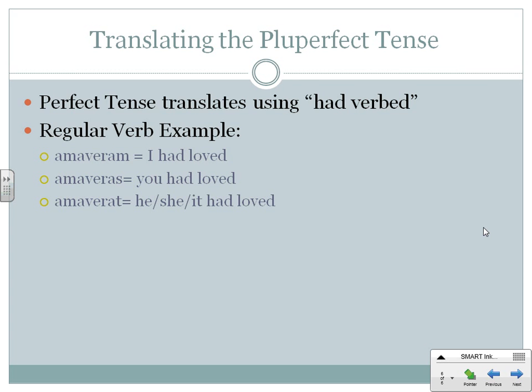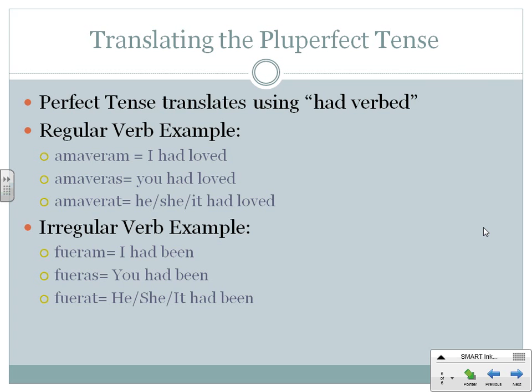Now, please make sure that when you're using a pluperfect tense, you are not using the word has. Has belongs to the perfect tense. And your irregular verb examples would be fueram, I had been, fueras, you had been, or fuerat, he, she, it had been.